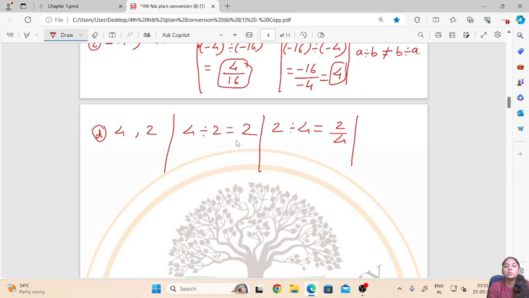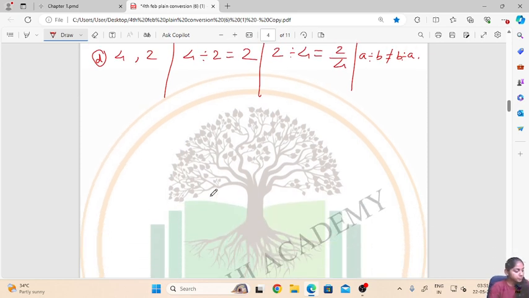Thus here also a divided by b is not equal to b divided by a. Thus we can say that division is not commutative for integers.